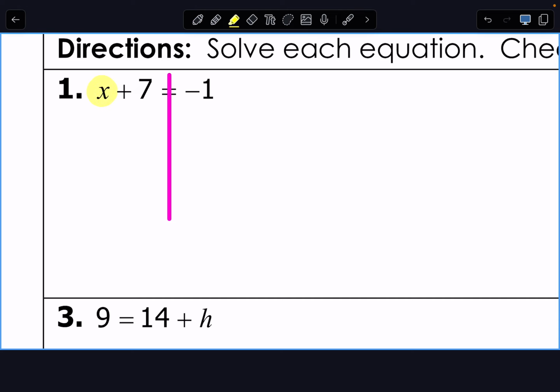X. Here it is right here. I want it to be by itself. Right now, it's not by itself, because what's next to it? A 7 that's tied to X by addition. So, in order to get X by itself, we need to get rid of this plus 7.